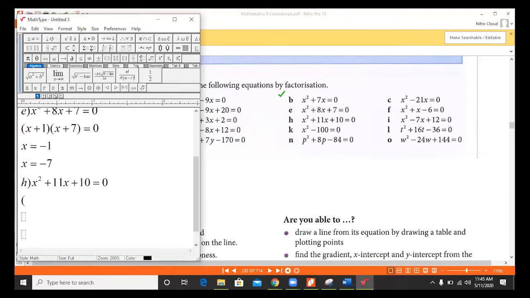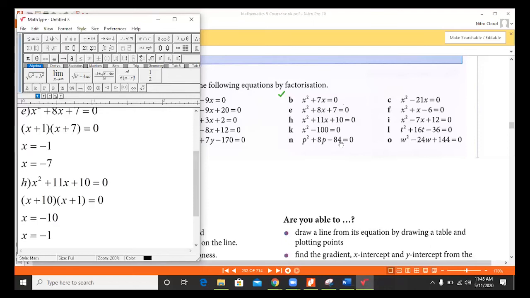So when we factorize, we do x plus 10 times x plus 1. And so when we take x plus 10, x is equal to minus 10. And when we take x plus 1, x is equal to minus 1. So there are 2 solutions, minus 10 and minus 1. Very well. Perfect. Thank you.